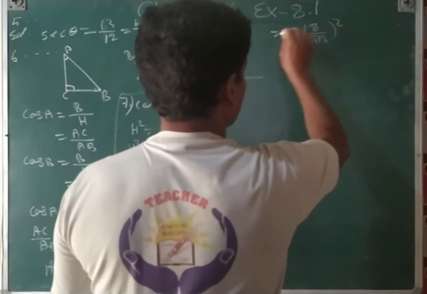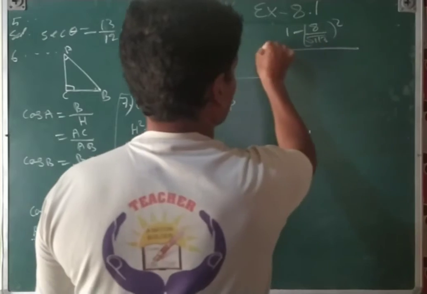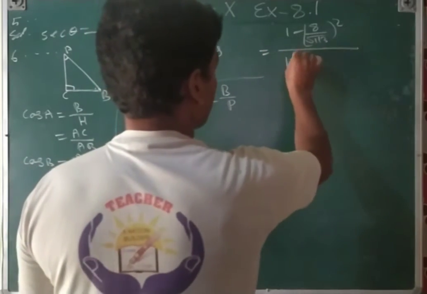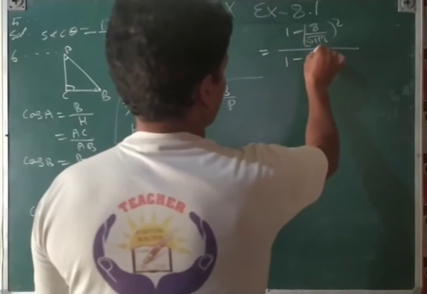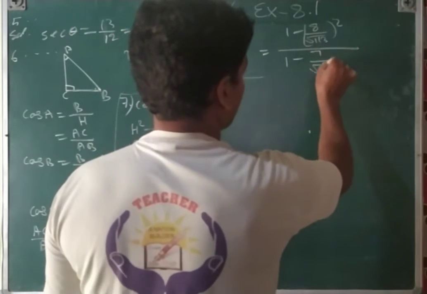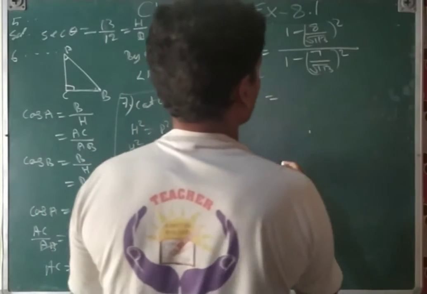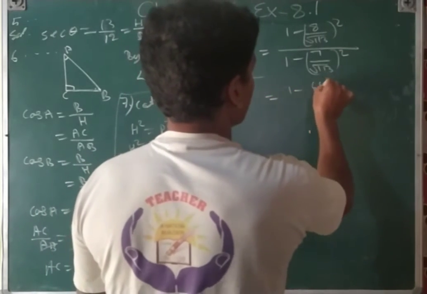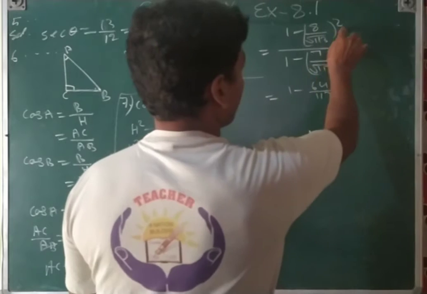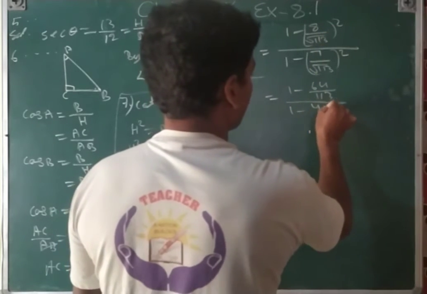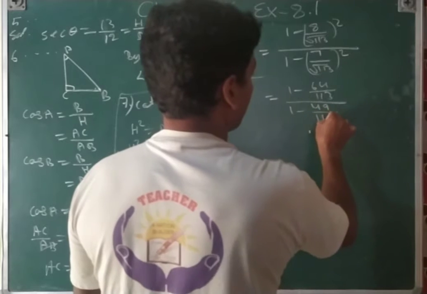And then 7 upon under root 113, whole square. So 1 minus 64 upon 113, and then 1 minus 49 upon 113.